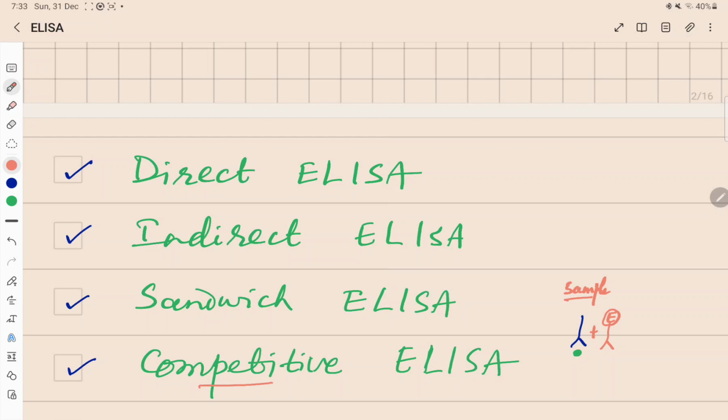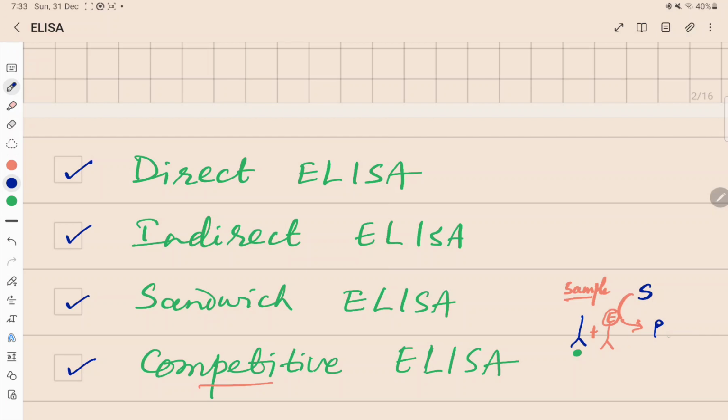When we add the substrate, the substrate is changed to a colored product in the presence of the enzyme. That means if there is a change in color, the sample does not contain the antibody. That means the test will be negative.